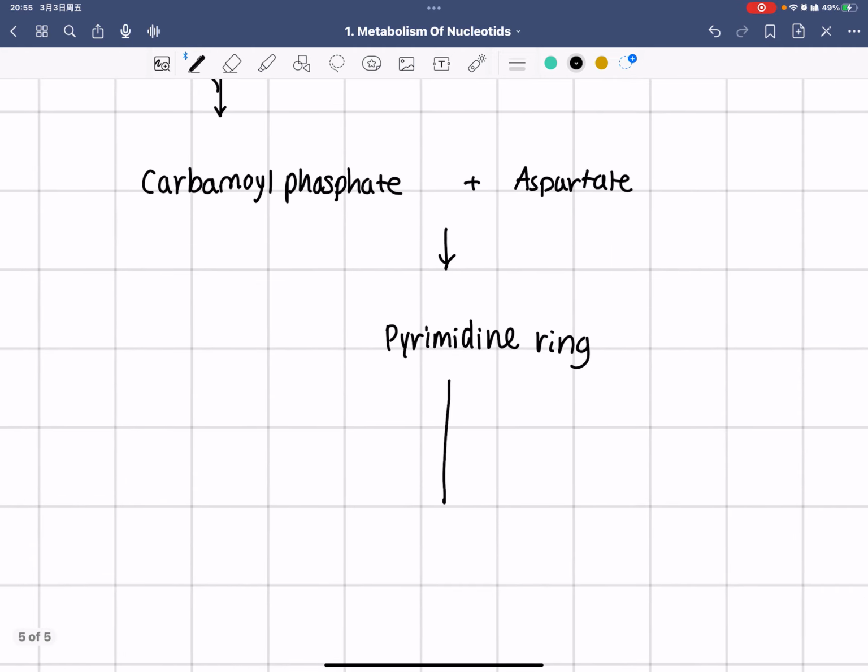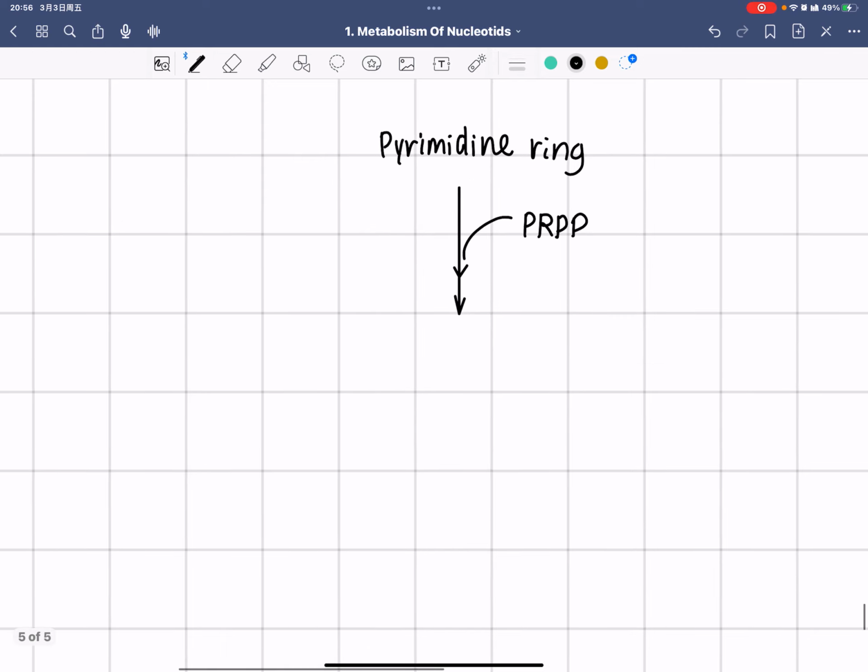And then through several processes, we combine it with PRPP to form UTP. And you know, it's through adding an amino group to form cytosine triphosphate.